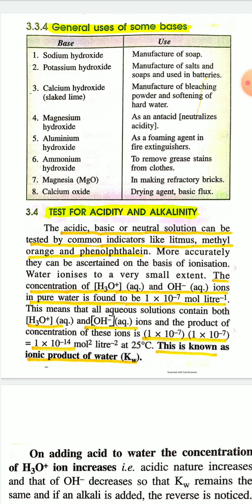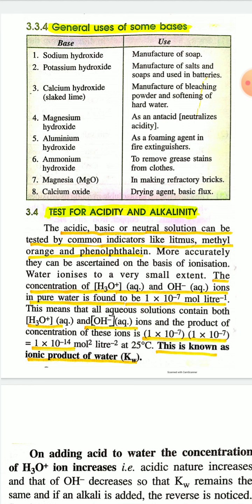Okay, so let's see sodium hydroxide, which is used in the manufacture of soap. Potassium hydroxide is used in manufacture of salt and soaps and used in batteries. Third, calcium hydroxide, which is also known as slaked lime.